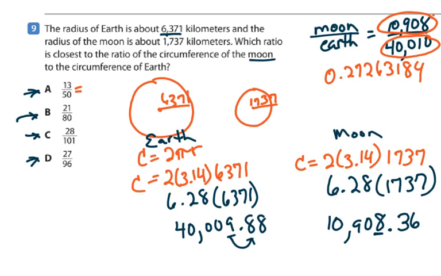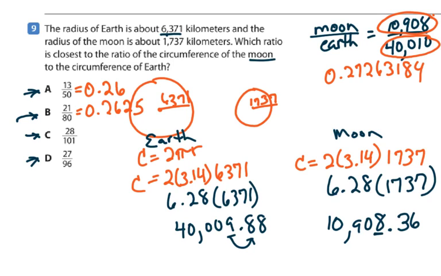Now I'm going to do 13 divided by 50, and my calculator gives me 0.26. And that's a terminating decimal. There's no numbers that follow it. Then 21 divided by 80, that gave me another one, 0.2625.